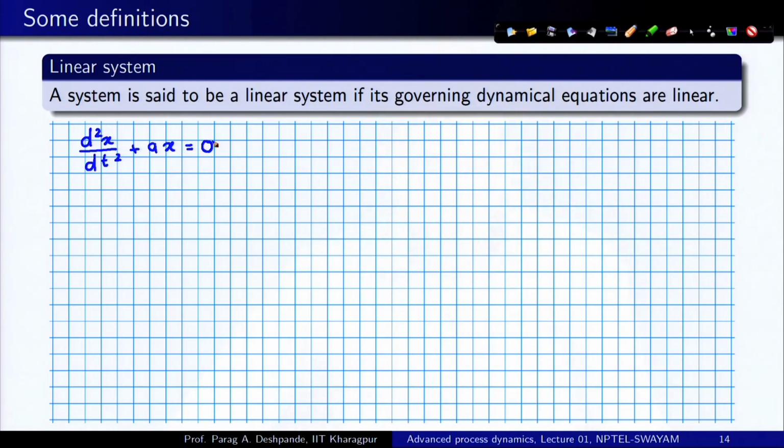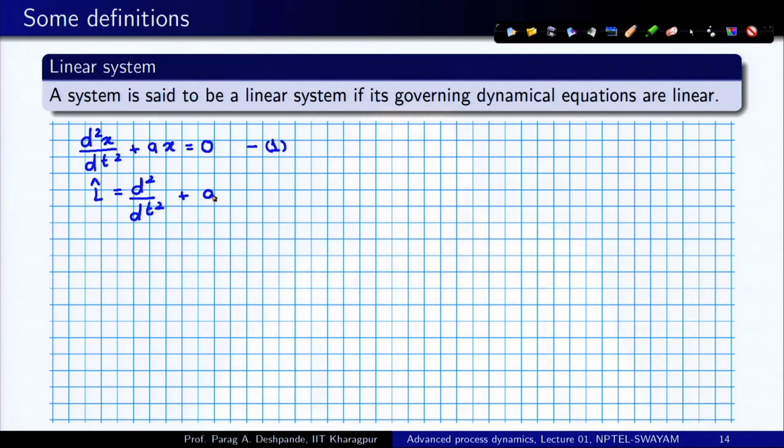As I said, I need to identify the operator. Let us see if I write this, you get convinced that this is the operator. L hat is d 2 by d t squared plus a.